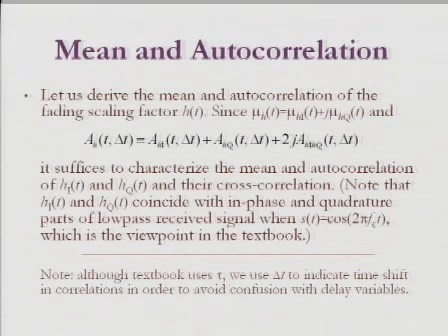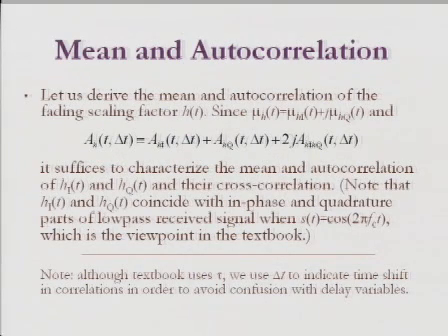So first of all, I'll try to convince you that even though H is a complex process, we can just study its in-phase and its quadrature component separately, and that's enough to characterize its complex behavior, right? So let's look at the mean. The mean of H is going to be the mean of the in-phase component plus j, which is the imaginary unit, times the mean of the quadrature component, right? So we can study the mean of the in-phase and the mean of the quadrature separately, and that way we can see what the mean is of the complex process.